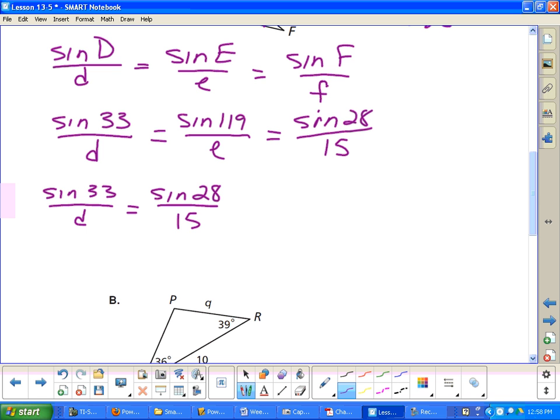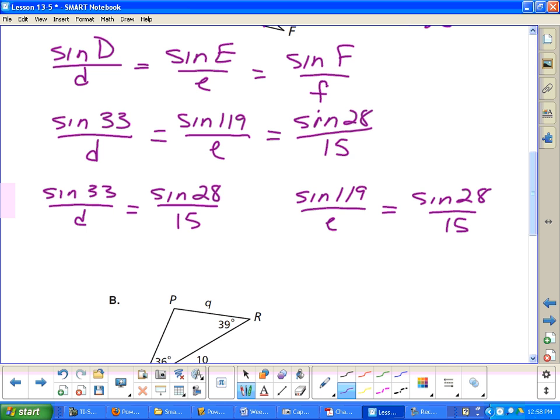And since these are all equal, I can put them in any order I want. So then I'll say the sine of 119 over E is equal to the sine of 28 over 15. These are true statements that you can take the one ratio or fraction that I know and set it equal to the other two individually so I can find the missing parts.